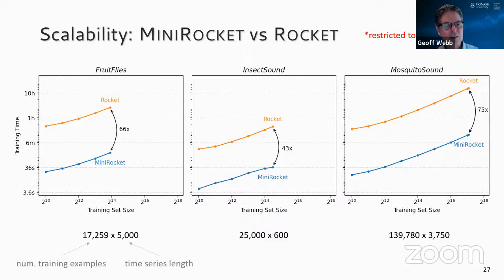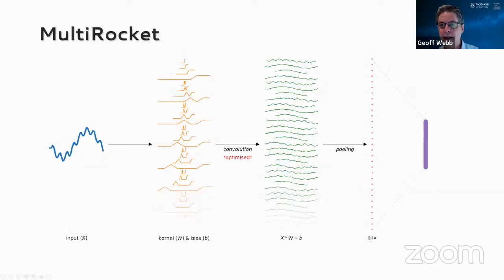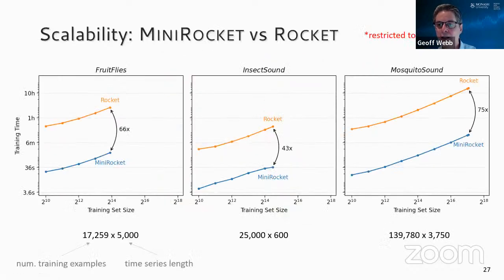These are the ones that take Rocket the longest time, and the decrease in time ranges from 66 times through to... The speaker view is hiding the actual time on Mosquito Sound.